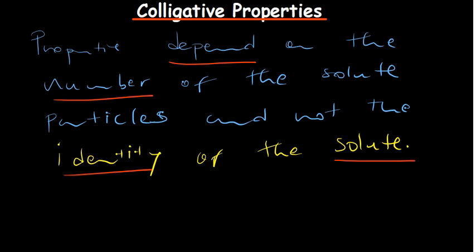What that means is, if you're trying to perform a calculation or determine that property, you don't have to ask yourself what material it is. All you have to do is look at the number. So colligative properties don't depend on the identity of the solute, they just depend on the number of particles of a given solute. Those are what we call colligative properties.